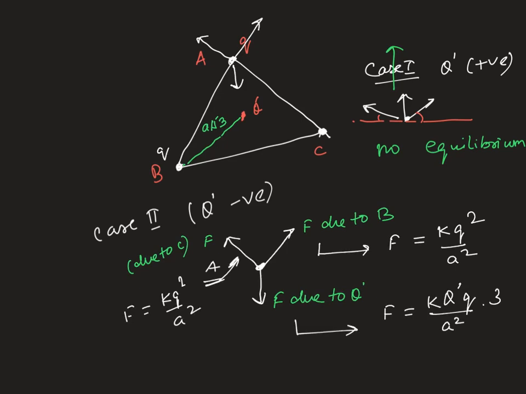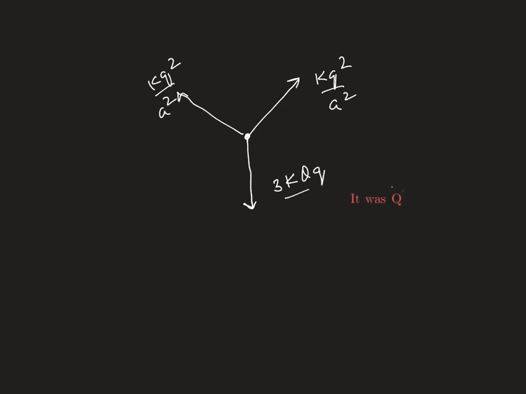Again, changing the page. So we have KQ squared upon a squared, KQ squared upon a squared, and 3KQq upon a squared.